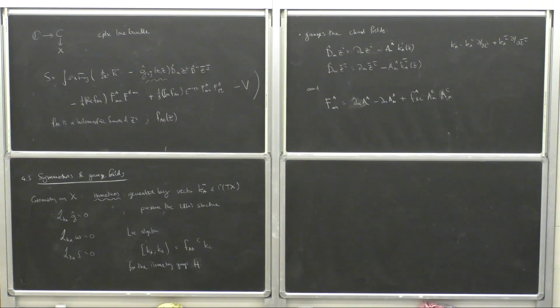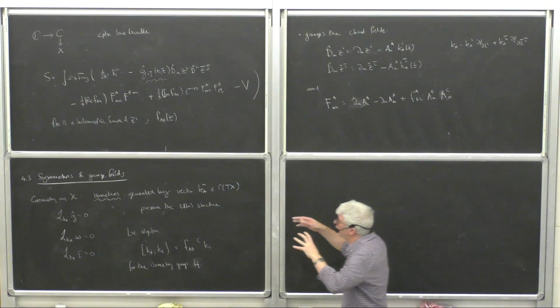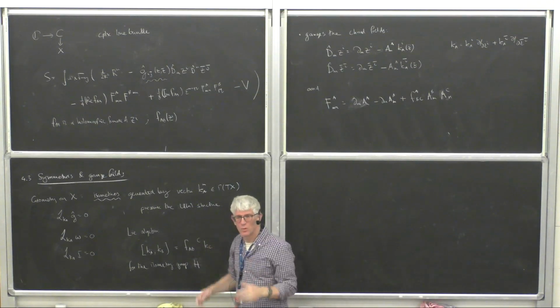Now the different field strengths. Is it still actually a group, what we're talking about, if they depend on the fields? So the isometry group of the X space will be a Lie group.